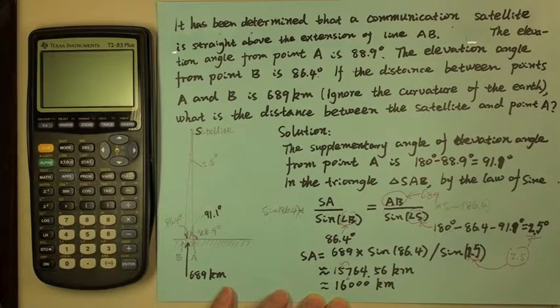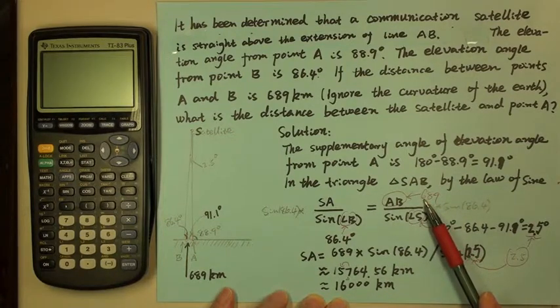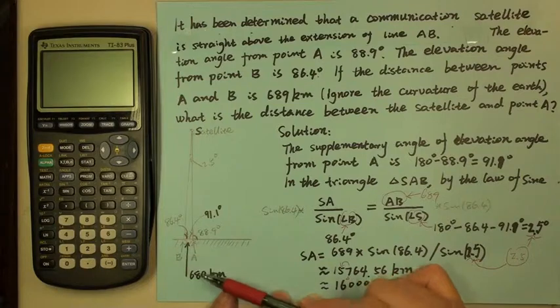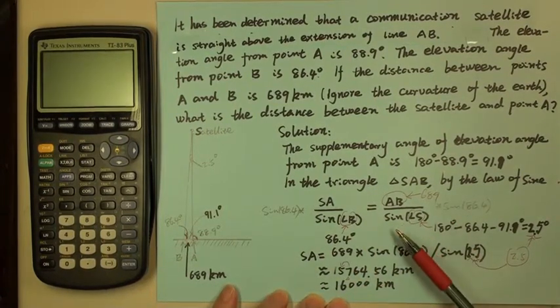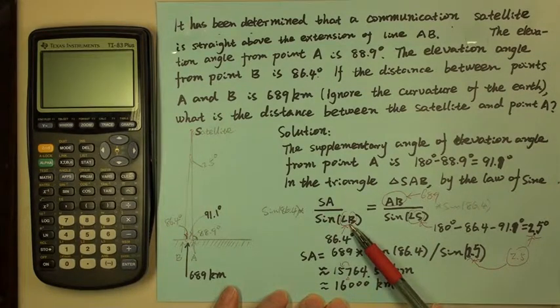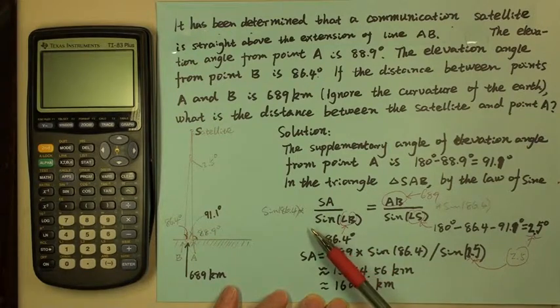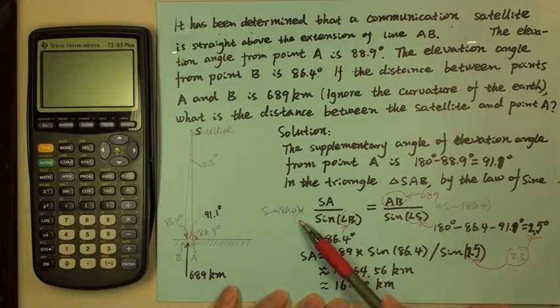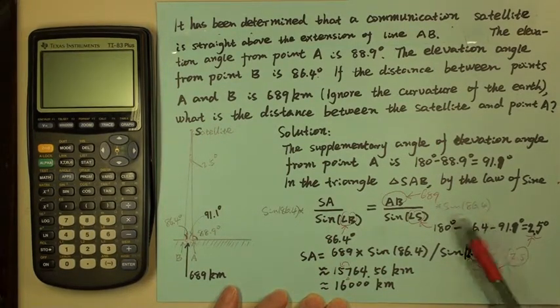All right. Now we know SA over sine 86.4 degrees equals 689 over sine 2.5, because we know again AB is 689 kilometers. Then we want to eliminate this denominator, so we multiply both sides by sine 86.4.